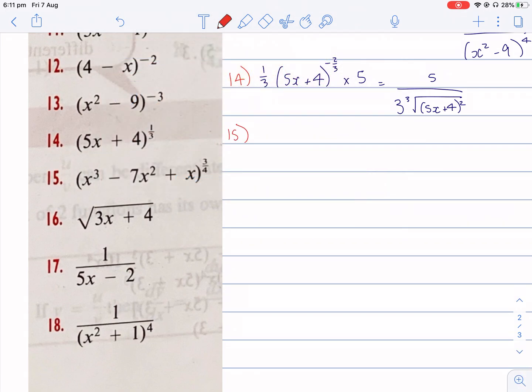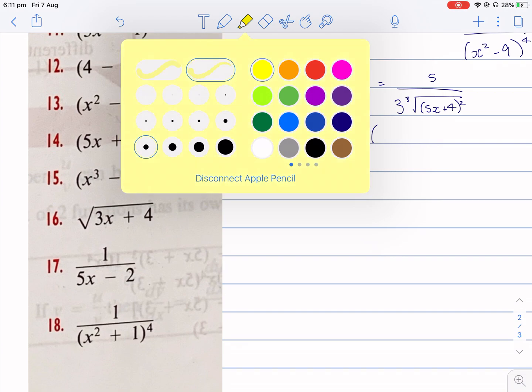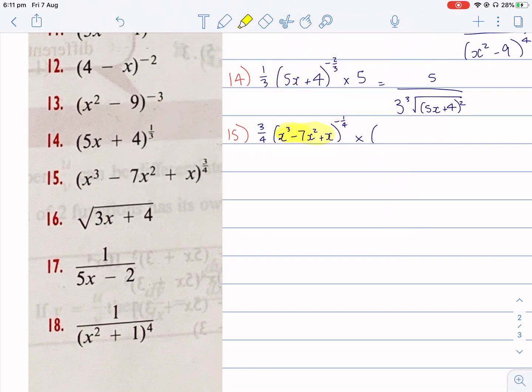15. We've got something to the 3/4, which means we've got 3/4 times that something. X cubed take 7x squared plus x, to the 3/4 take 1, which is negative 1/4. We then have to multiply by the derivative of the inside. So the derivative of this becomes 3x squared take 14x plus 1.